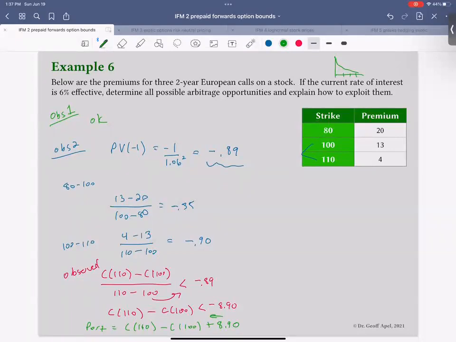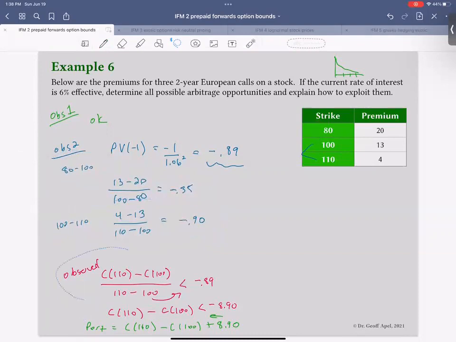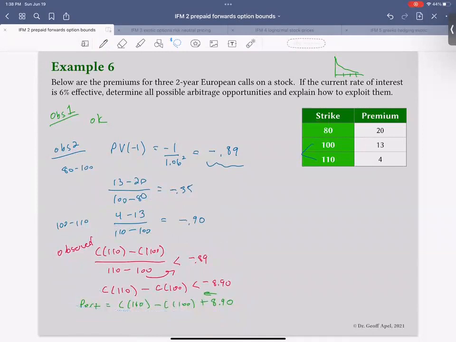You could do cash flows, of course, like we said before. So just for us, I would buy this one, write that one, and lend.